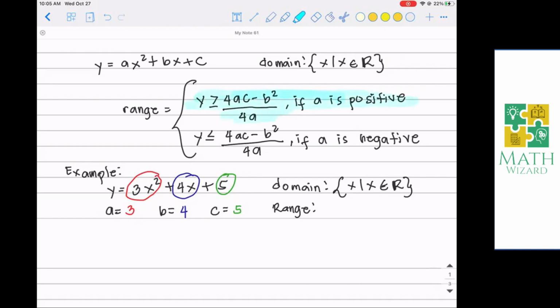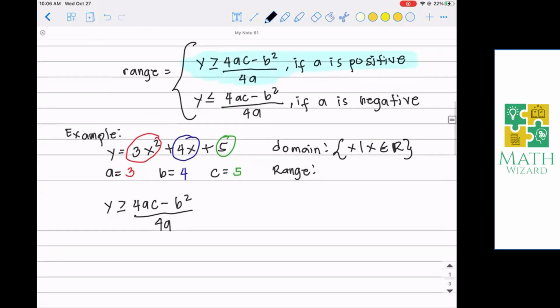Ika-copy ko lang, I'll just copy it. So y is greater than or equal to 4AC minus B squared over 4A.